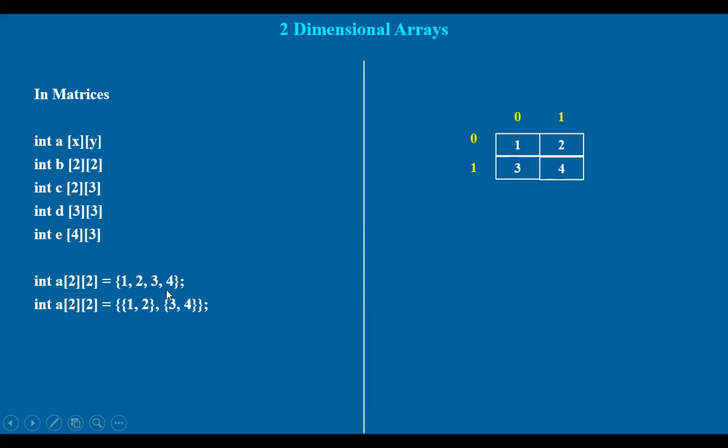The second row elements are kept in another set of brackets. So here we have a clear picture: these are the first row elements, these are the second row elements. The earlier form is also correct, but to get clarity, you can use this sort of assignment of values.